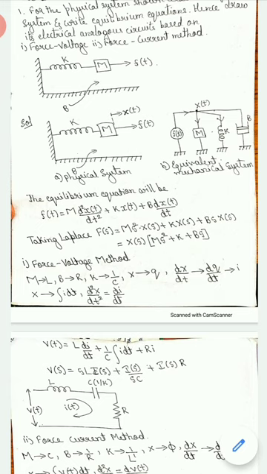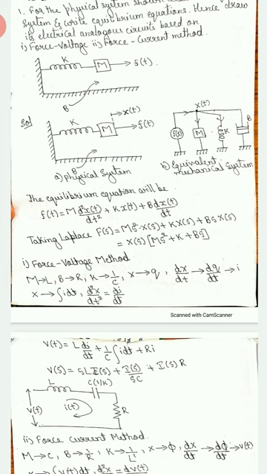For mass we write the double derivative. It is a standard: if mass exists we write the double derivative of distance; if spring exists we write only the displacement directly; if friction, then friction into the differentiation of displacement, that is dx of t divided by dt.